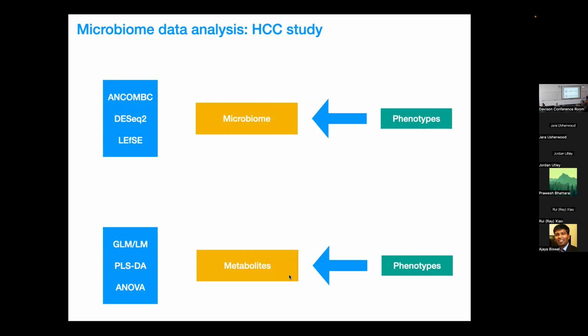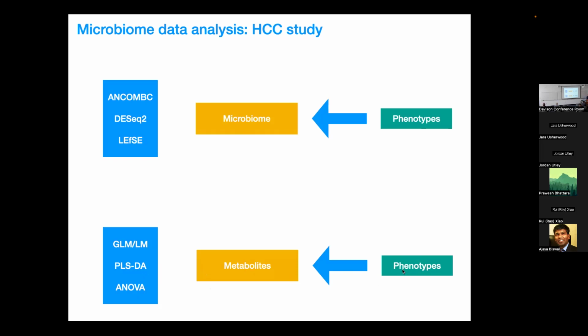And the same for analyzing metabolite data. There are techniques like the GLM-based technique, PLS (partial least squares differential abundance, PLSDA) or ANOVA analysis, which mainly focus on identifying a set of metabolites that is affecting, or is affected by, these phenotypes and so on.